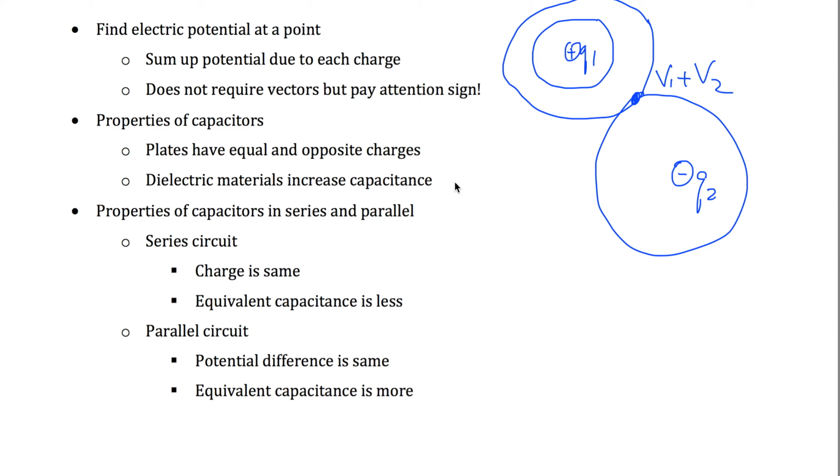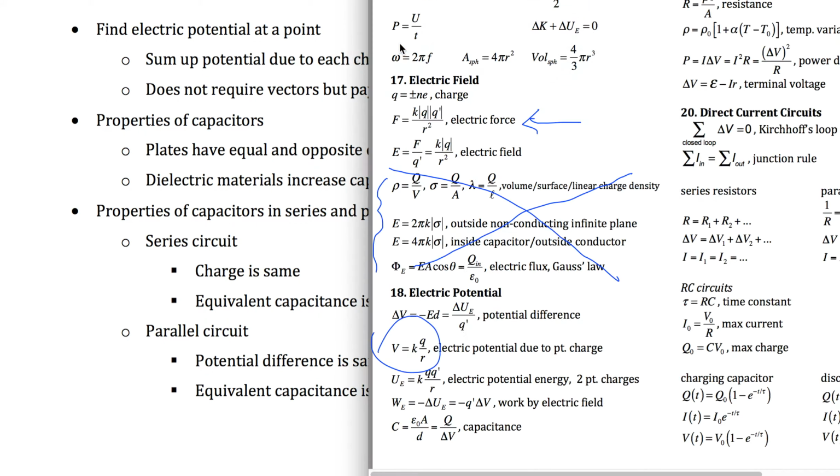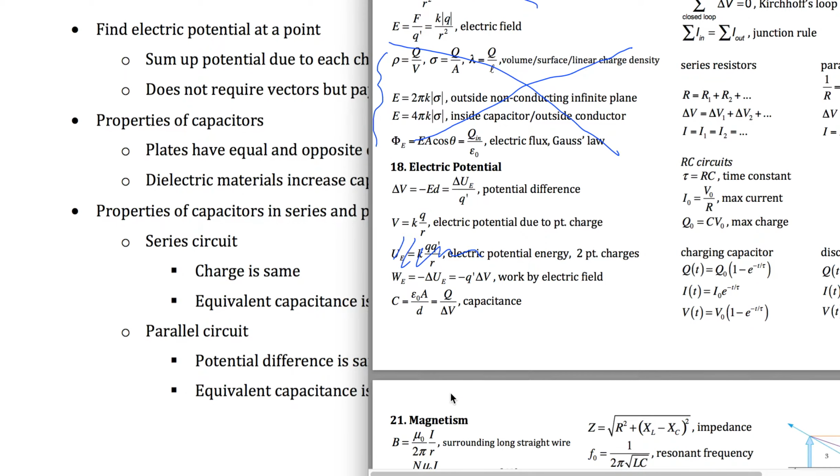And then we move on to capacitors. I ended up not mentioning this one here on the test review, so don't worry about this equation. And so capacitance here, we have two equations for it.